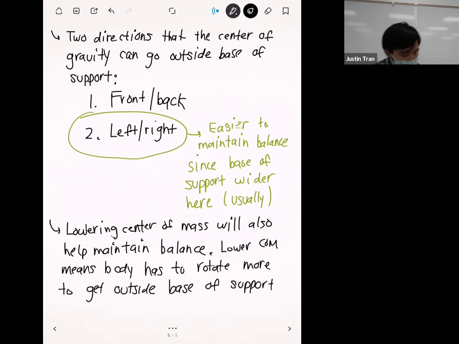The height of the center of mass plays a big role. In the next two examples, we'll see how much easier it is to lose your balance when your center of mass is higher.